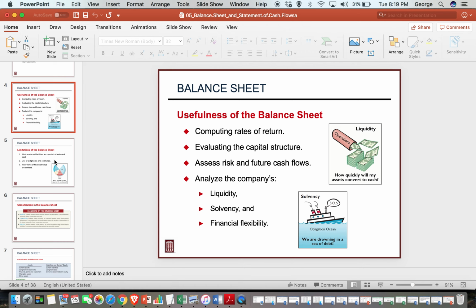So there we use the current ratio, take out inventory. All right, so we can compute some formulas that might help us in dealing with our future cash flows. We look at the company's liquidity by looking at, again, some of the liquidity formulas and how much cash is available, their solvency, how able are they to pay their current debts, and their financial flexibility.